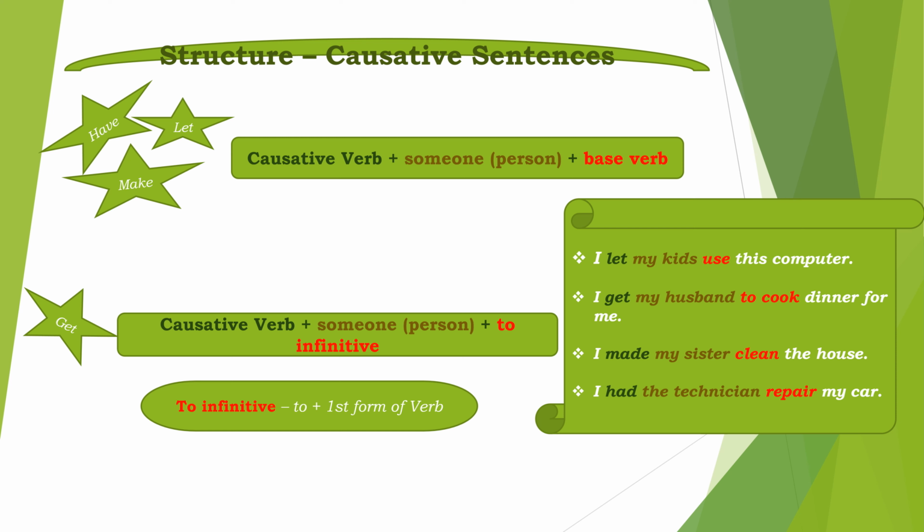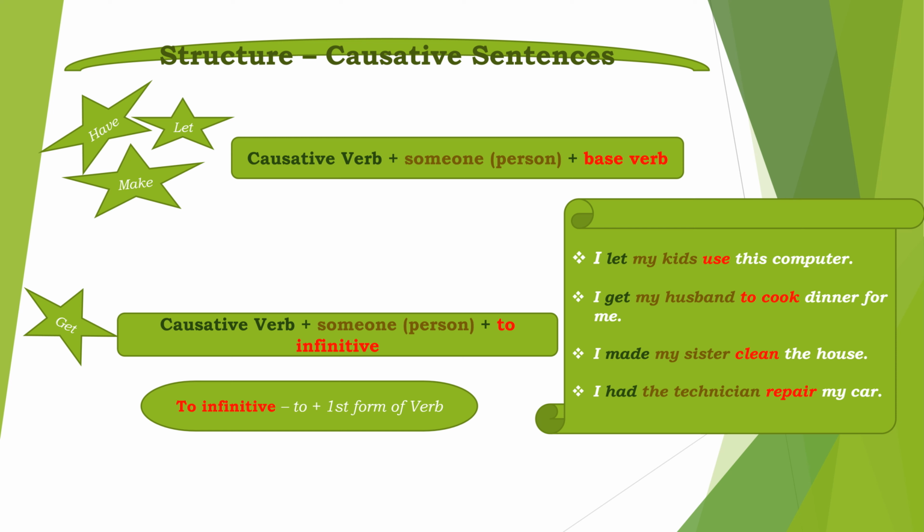Third example, I made my sister clean the house. I as a subject, made, causative verb, my sister, someone, person, clean is the base verb. The house is the rest of the sentence. Fourth example, I had the technician repair my car.